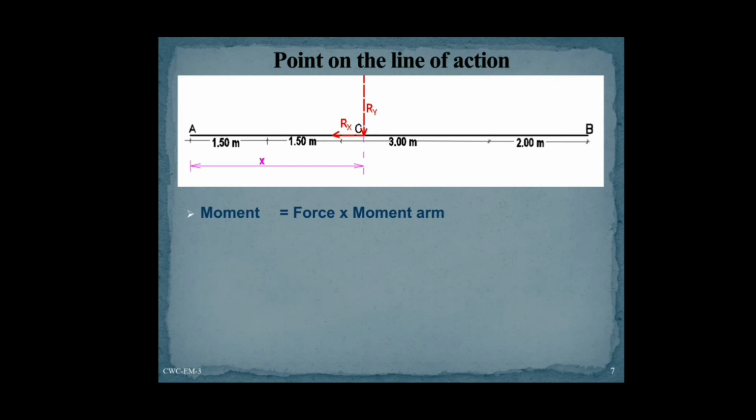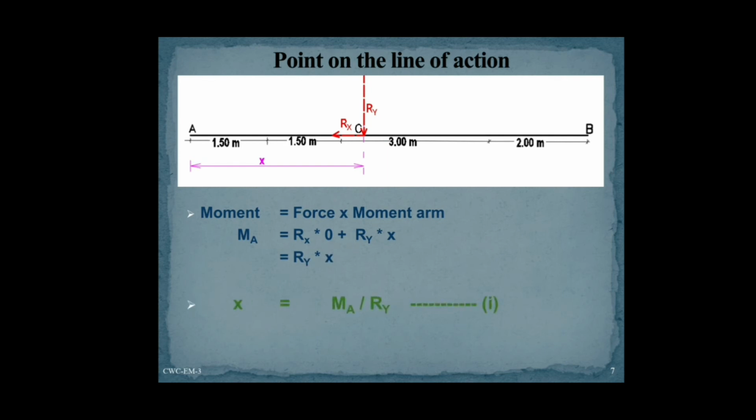Now the moment about the moment center A, that is MA, equals Rx into 0, since the line of action of Rx passes through the point A, so the perpendicular distance from A will be 0, plus Ry into x. The line of action of Ry is at a distance of x from the point A. So we will get MA equal to Ry into x.